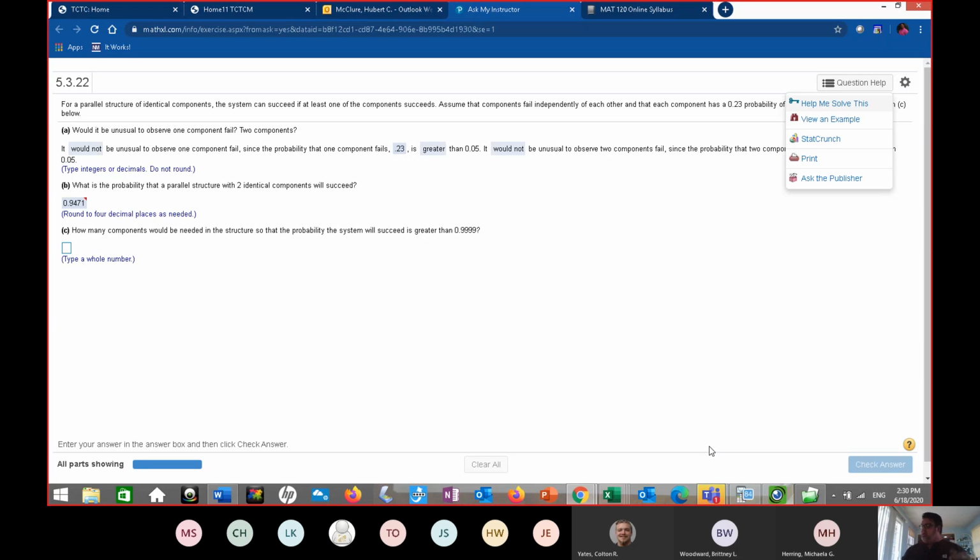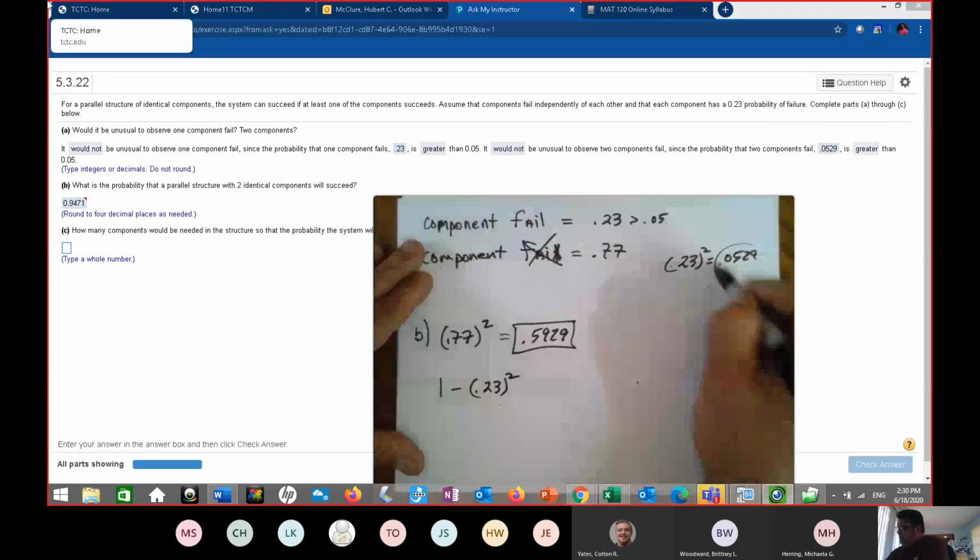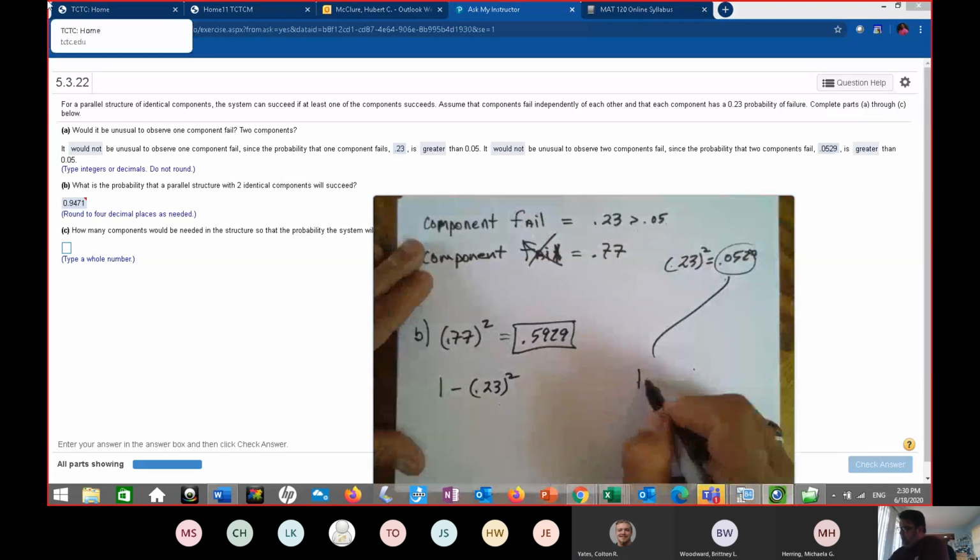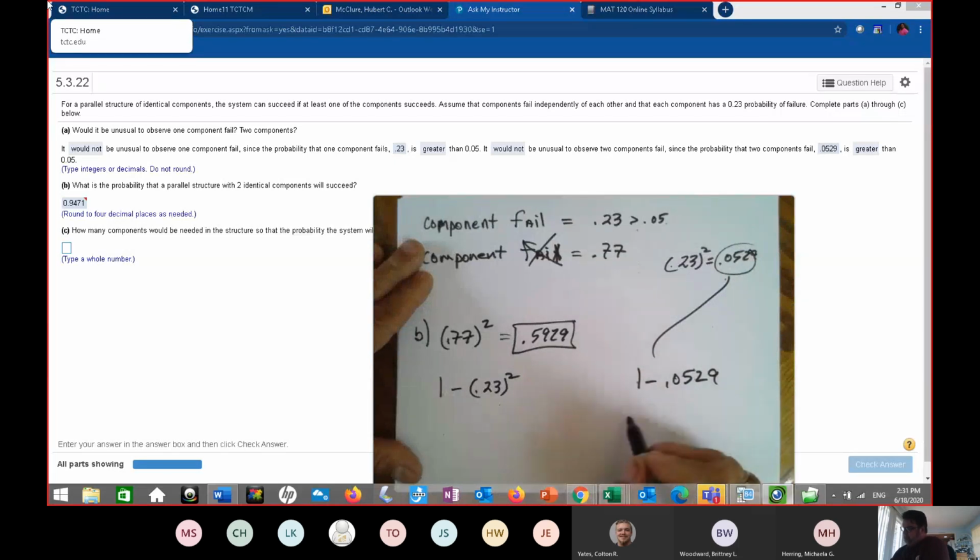Take 0.0529 and subtract that from 1. Yes, sir, that's it. This right here, they're taking the complement: 1 minus 0.0529. And that's equal to 0.9471.